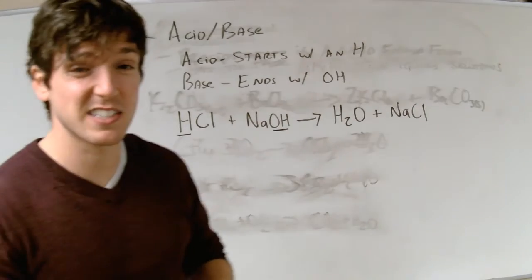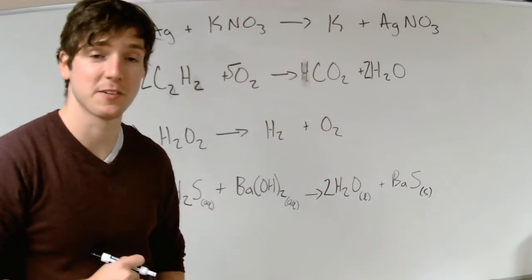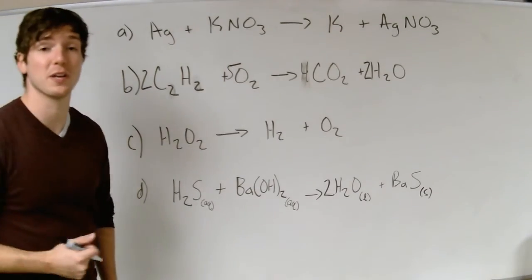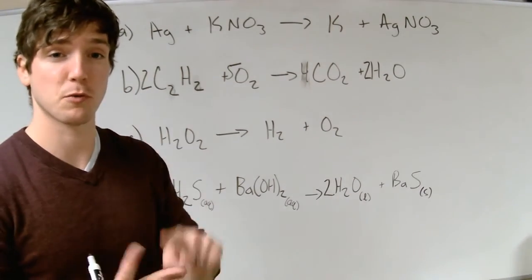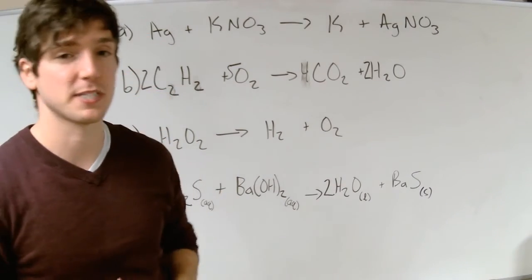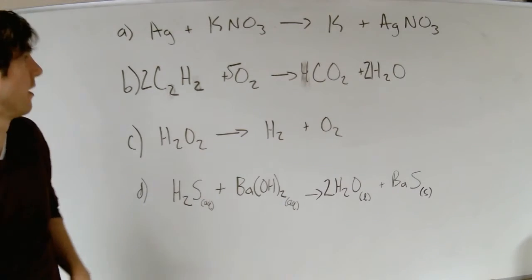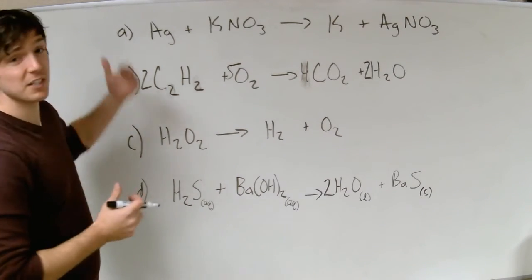Let's go ahead and get some examples going, and then we'll be done for the day. Alright, here's our last examples. Let's look at this first one and let's classify each of these as either synthesis, decomposition, single replacement, double replacement, combustion, acid-base, or precipitation. Maybe not in that order that we went through them, but those 7. So I'm looking at this first one.